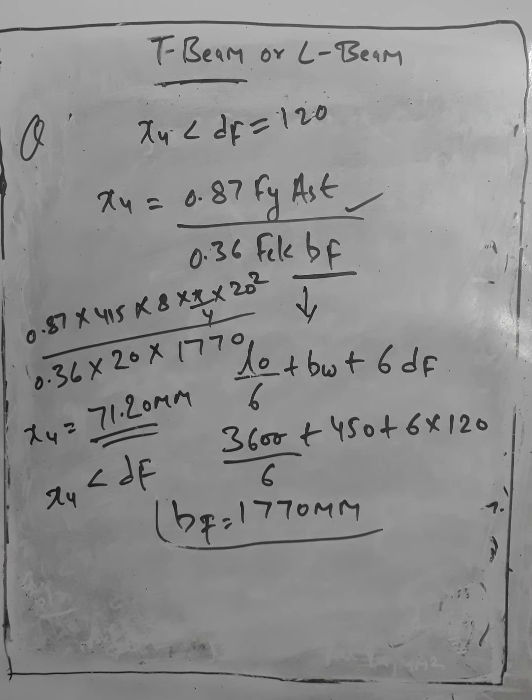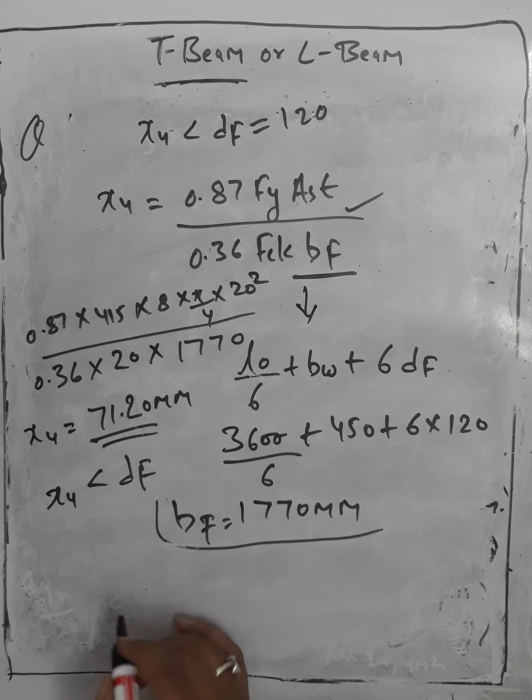Now after finding this XU value and checking which case it lies in, we have to find which section we have to design, or find the moment of resistance for which section. For finding the section, we have to find the XU max value.